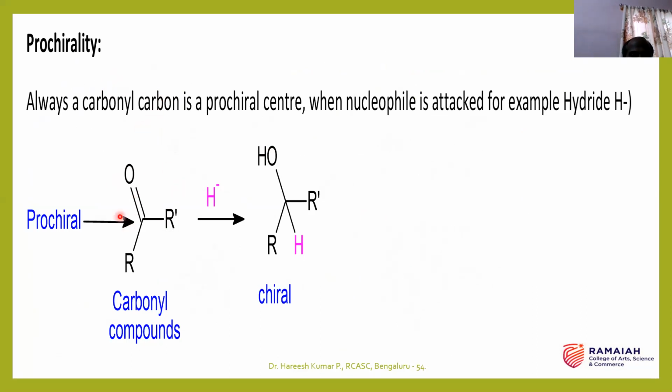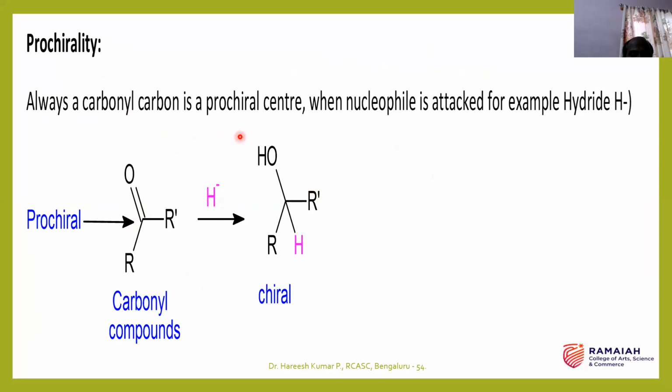If we are able to convert a non-chiral compound to a chiral compound, then such a process is called prochirality, and this type of compounds is called prochiral compounds. Any molecule or compound which can be converted into a chiral molecule in a single step, that phenomenon is called prochirality.